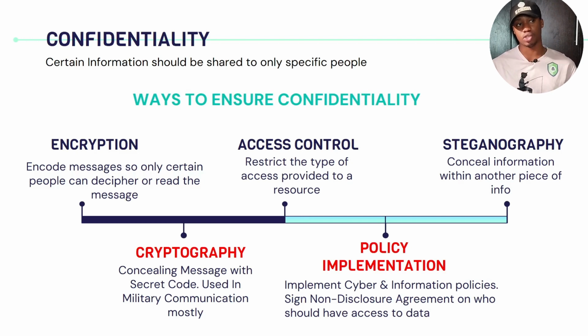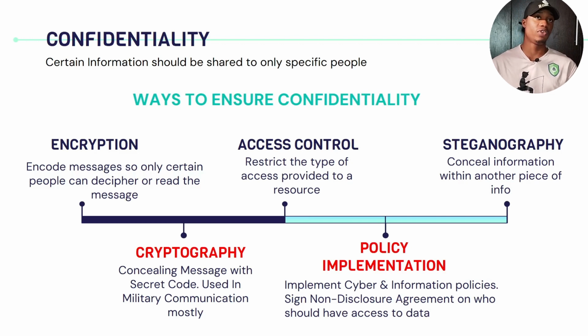The first thing is encryption. So we should encrypt or encode messages so that only certain people can decipher and read the message. For example, you want to write a letter to me, and instead of just writing the letter directly, you write it and then you put it in a box, you lock it with a key, and then you send it to me.